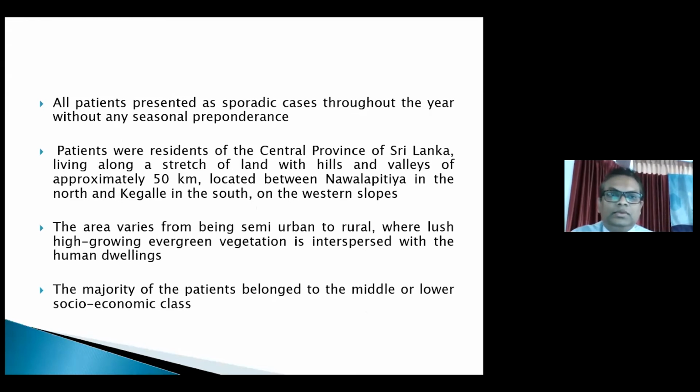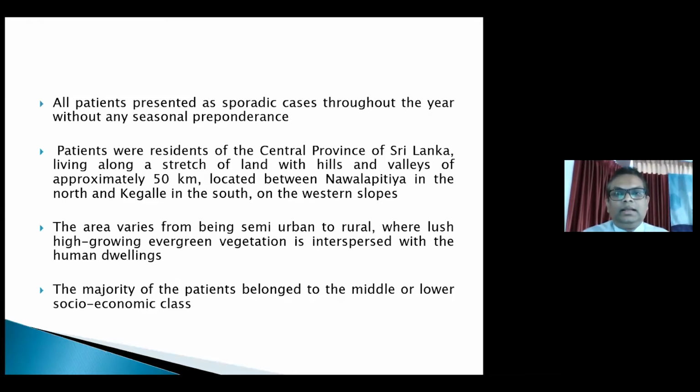That is one conclusion. And patients were residents of the central province of Sri Lanka, living along a stretch of land with hills and valleys of approximately 50 kilometers, located between Nawalapitiya in the north and Kegalle in the south, on the western slope. This study again confirmed previous study findings and the same pattern of distribution.